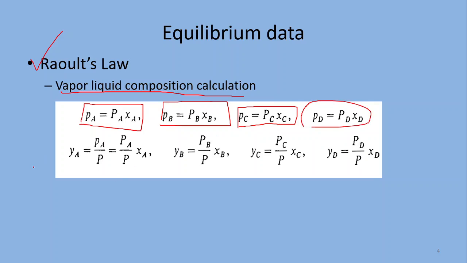And then you can also go through this equation. This is called Dalton's law, where the mole fraction of A in the vapor phase is equal to the partial pressure of A divided by total pressure.